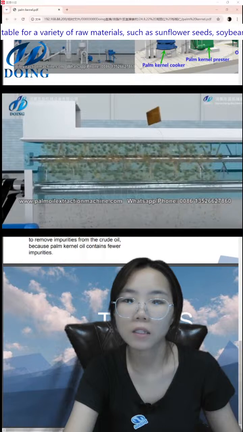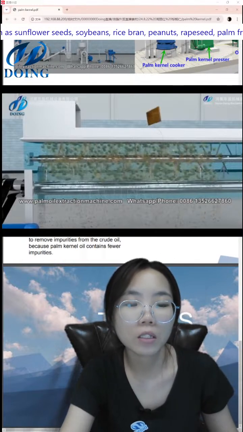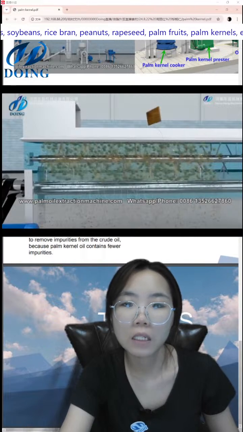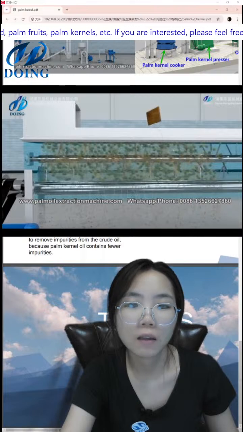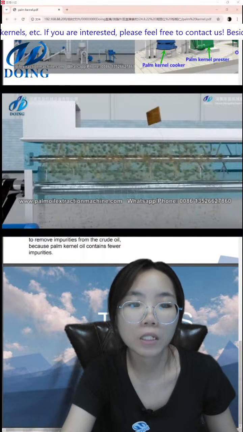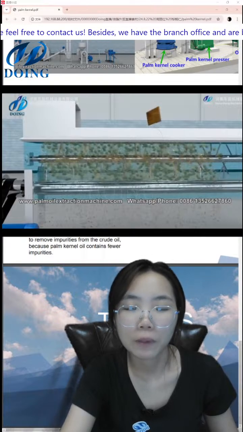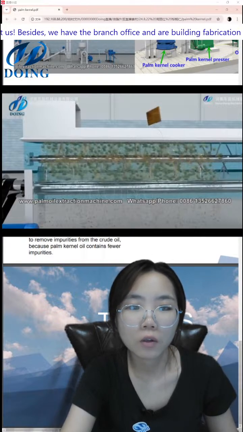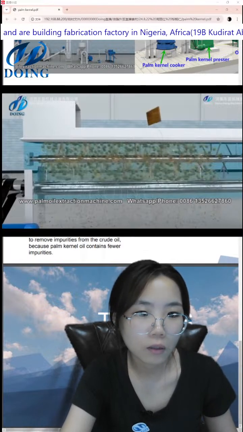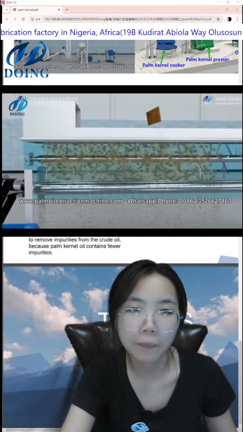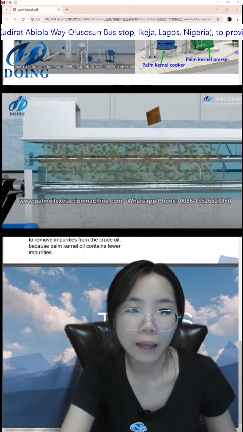And this is the fiber separator. After the palm nuts with the fiber enter the separator, the beater in the triangle shaft rotates at a high speed to separate the palm kernel and the fibers, and the fan rotates at the same speed to carry the fiber out of the machine. The clean palm kernel comes out through the outlet.